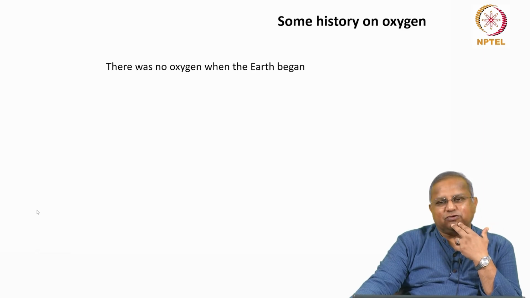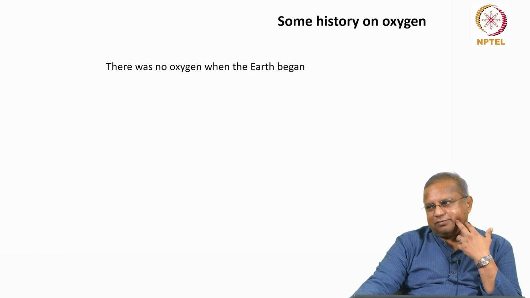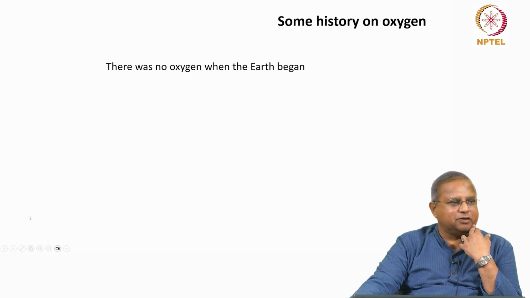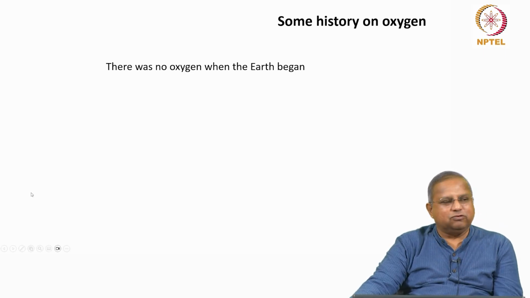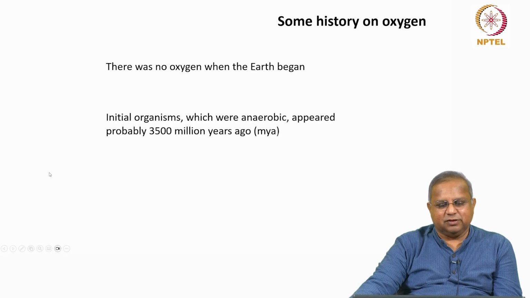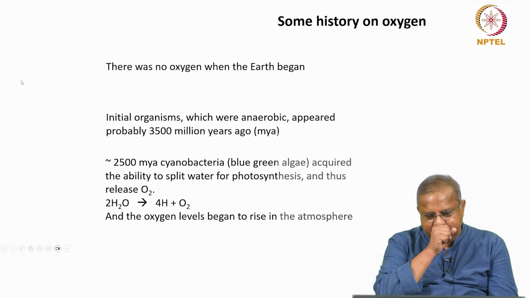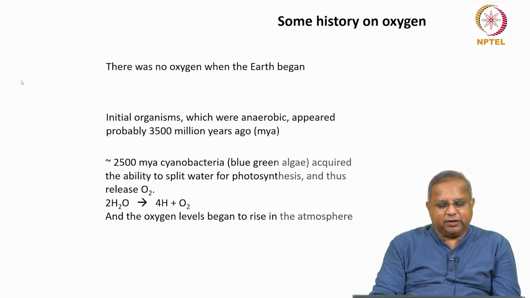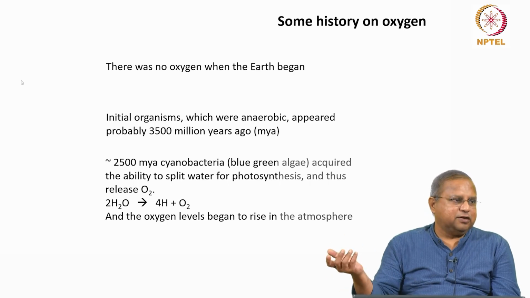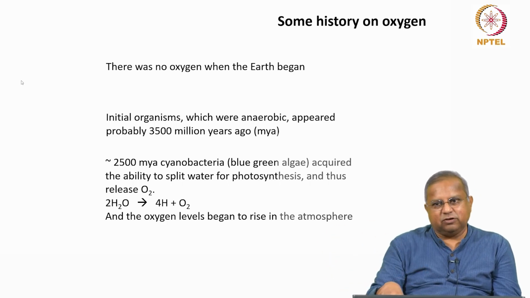You may know that there was no oxygen when the Earth began, 4.6 or 4.8 billion years ago. There was no oxygen in the atmosphere. Initial organisms, which were anaerobic, appeared about 3.5 billion years ago. And about 2.5 billion years ago, cyanobacteria or blue-green algae acquired the ability to split water for photosynthesis. Photosynthesis releases oxygen as part of the electron transport process.